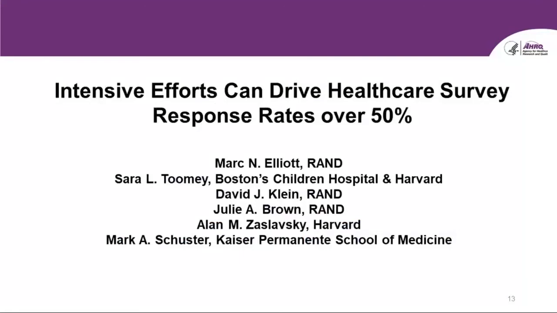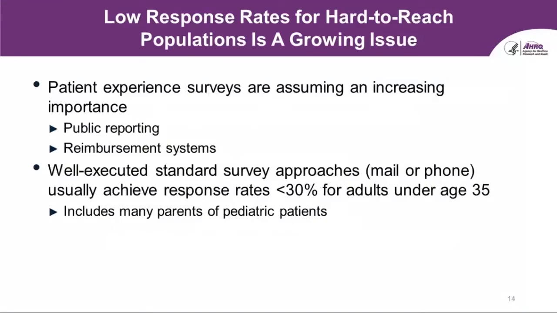And I'd like to start by talking about some work that was done with colleagues at a variety of institutions. The motivation for this work, as Karen said, is that it's an increasing problem to try to combat low response rates for hard-to-reach populations in particular.